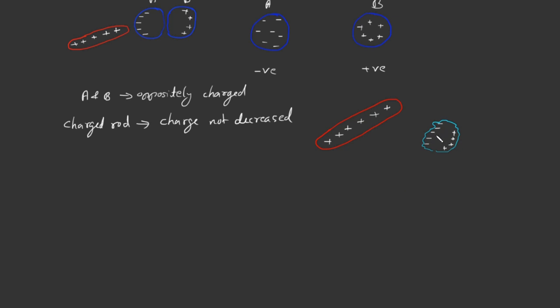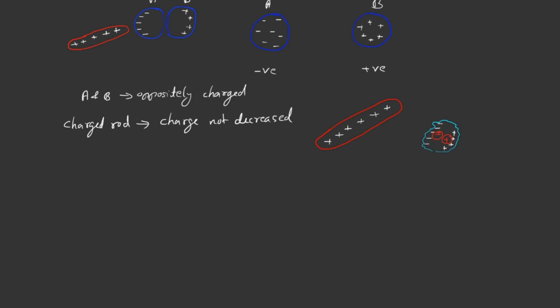Now the center of negative charges may be here and the center of positive charges may be here. So the centers of negative and positive charges are separated by a small distance. Also, the center of negative charges is close to the positively charged body and the center of the positive charges is far from the positively charged body.